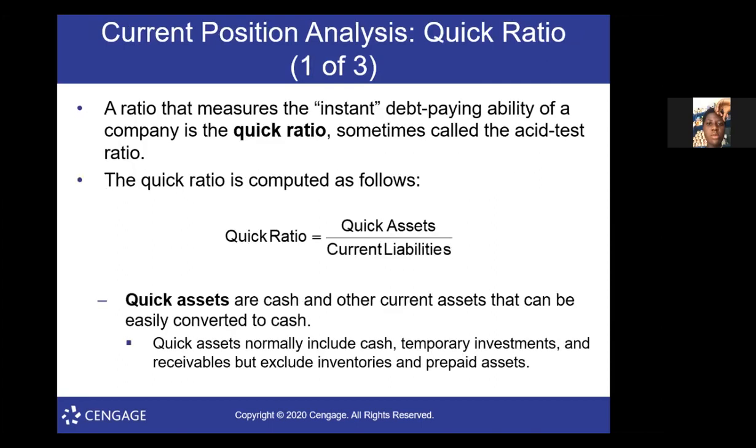Okay, and the last slide I want to cover is there's another ratio very similar to the current ratio called the quick ratio. It's also referred to as the acid test ratio. And what I can tell you is that the quick ratio is much more conservative than the current ratio in that it does not include inventory or prepaid expenses.